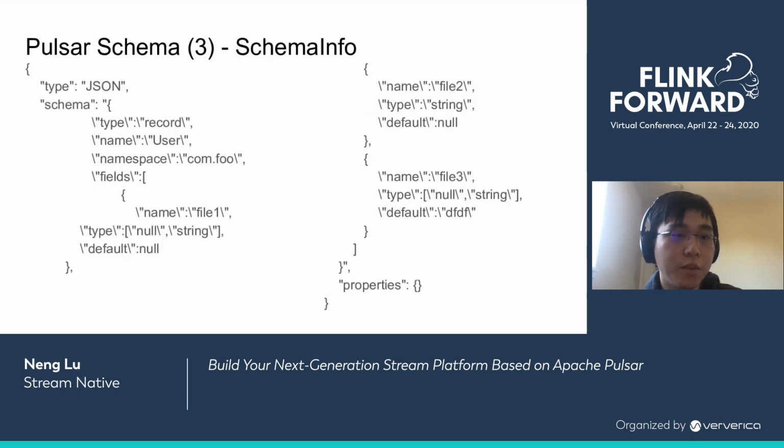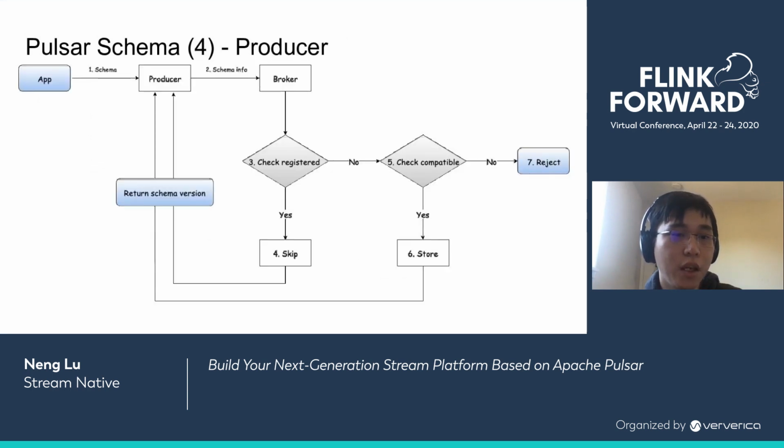The next thing is the schema info. Currently, this is a JSON schema, with the type information here, and these are the schema fields and their field properties. To utilize the schema, the procedure in a producer is: the user's application provides a schema to the producer, which we have seen in that code. With this schema information provided to the broker, the broker will check if it's registered or not.